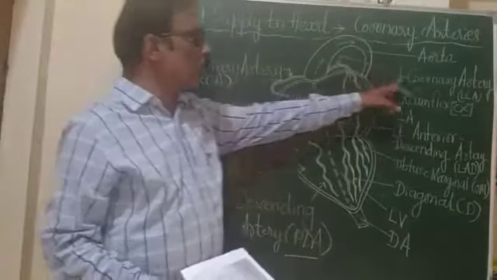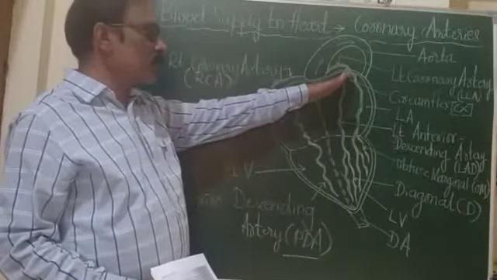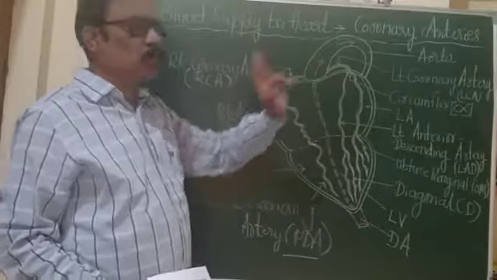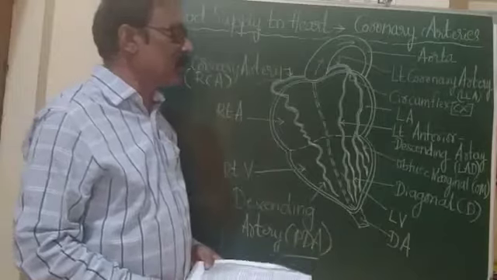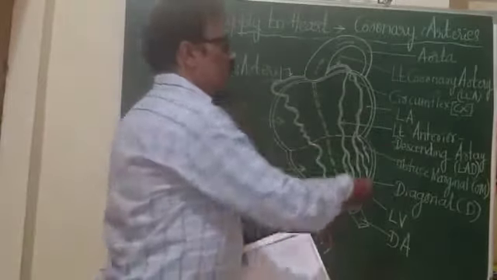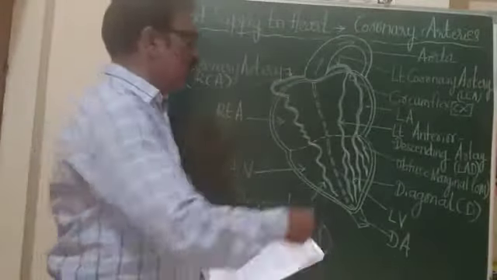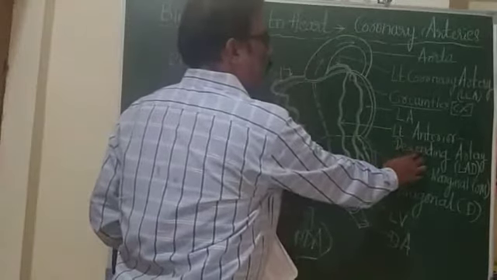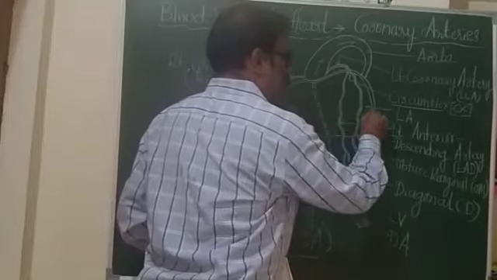And about the left coronary artery, LCA: before it enters into the wall of the heart, it divides into two major branches. The first one is the circumflex and the next one is the left anterior descending artery.